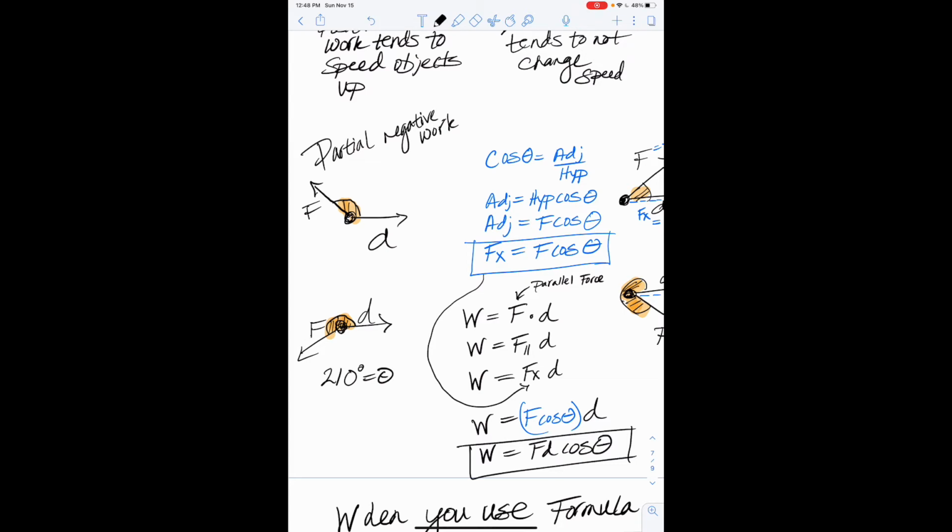So what I'm saying here, and you can check it with your calculator, is that cosine of 150 is equal to the cosine of 210. All right, and you can check that out and see if that holds true, but it should be. All right, so this is partial negative work in this case. So, I don't like that.